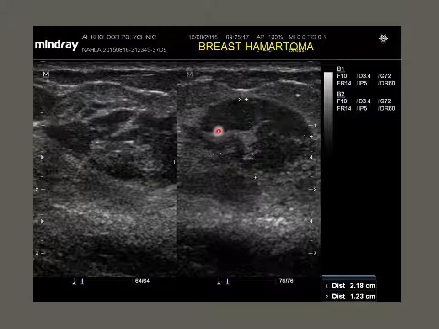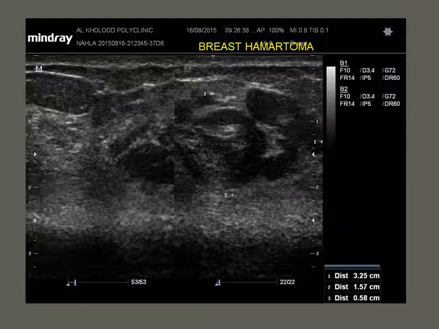We find no signs of malignancy, no irregularity, no spiking, no infiltration of surrounding tissue, no microcalcification, and so on. Texture not definitely hypoechoic, like fibroglandular tissue, breast within breast. This is breast hamartoma.